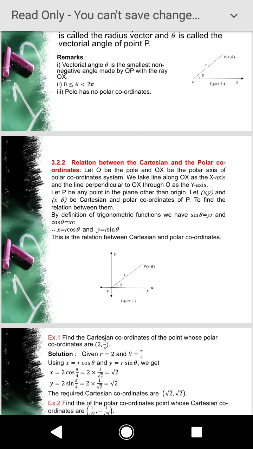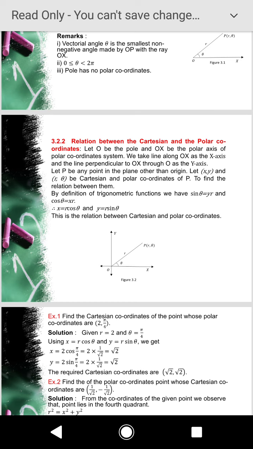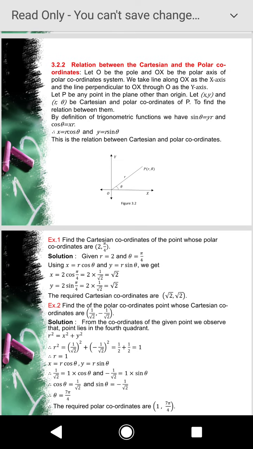We take the line along OX as the x-axis and the line perpendicular to OX through O as the y-axis. Let P be any point in the plane other than the origin. Let x, y and r, theta be the Cartesian and polar coordinates of P, to find the relationship between them.